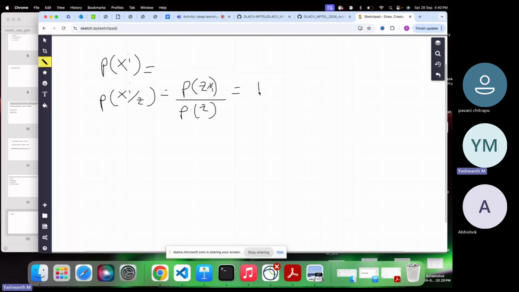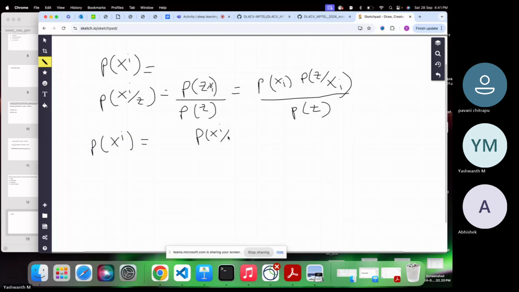This is P of xi times P of z given xi, times P of z. Okay, so let's take the log on both the sides, or you can just get P of xi here. So it's P of xi given z times P of z, divided by P of xi.